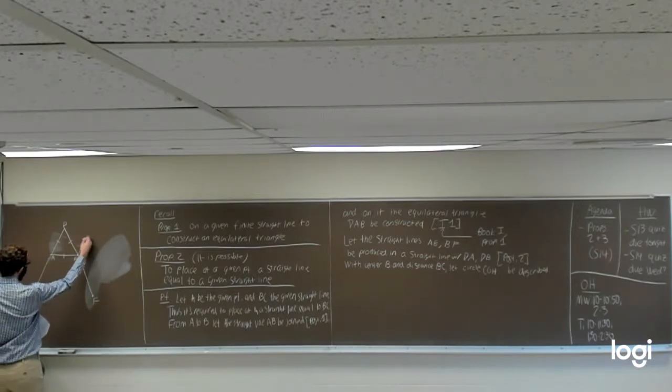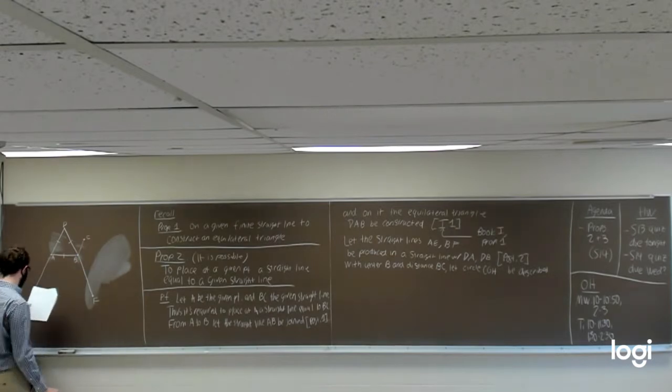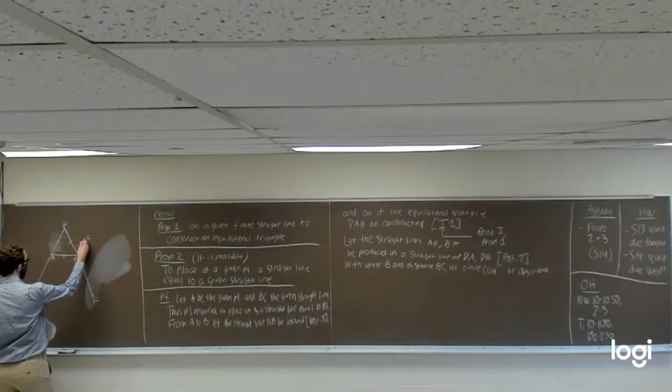So in other words, we're going to draw a circle centered at B with a radius equal to the length of this segment from B to C.